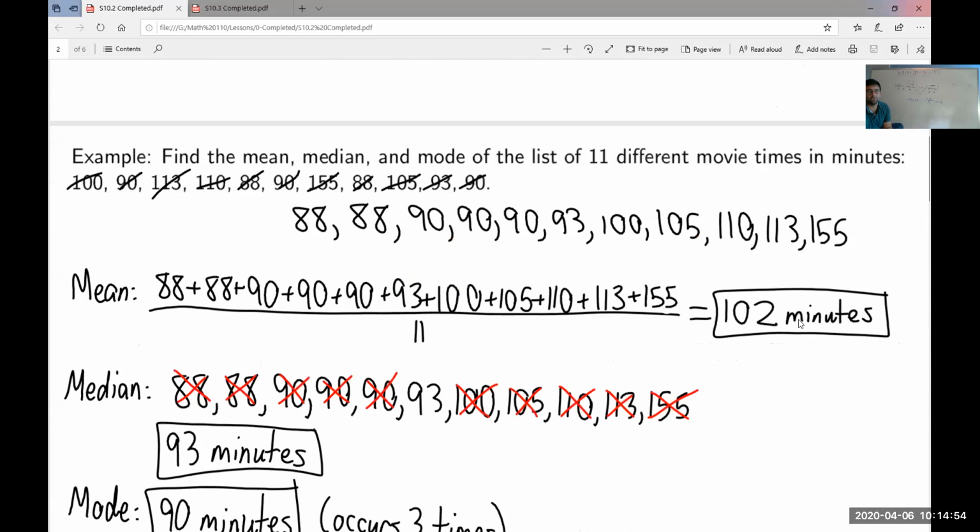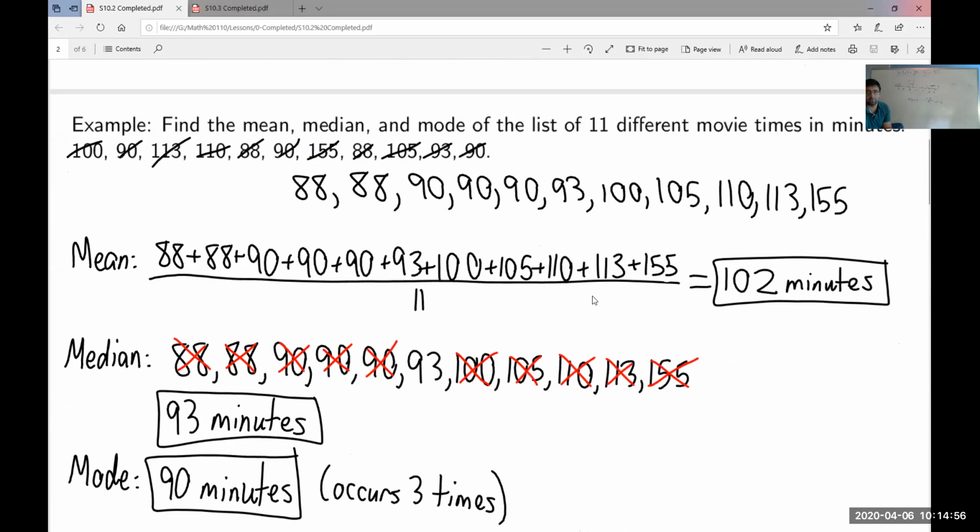This one was the movie times, where the mean was 102 and the median was 93. So the mean was so far away from that median because of this guy right here.